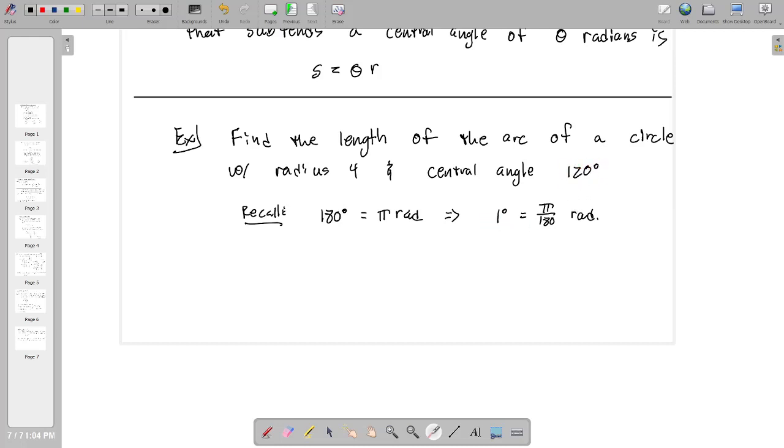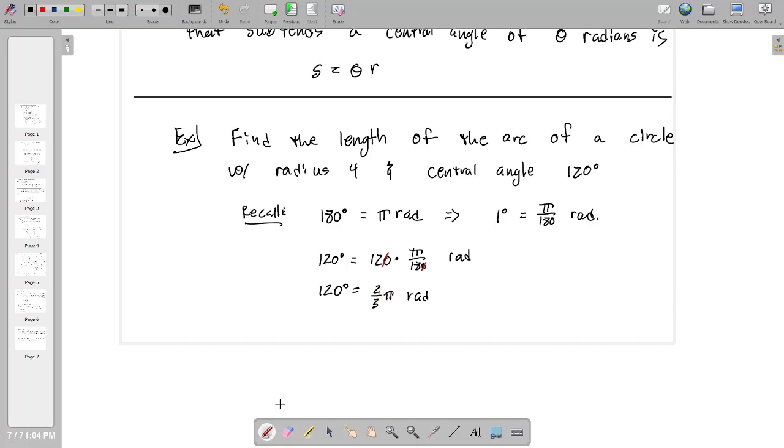So if we multiply both sides by 120, we would have 120 degrees is equal to 120 times pi divided by 180 radians. Cancel what we can. 12 divided by 18, 2 over 3 pi radians. 2 pi over 3 is the same as 120 degrees. So now I have my angle in radians, 2 pi over 3.